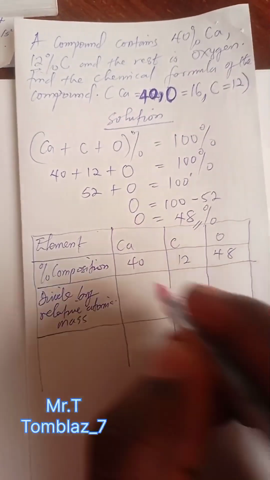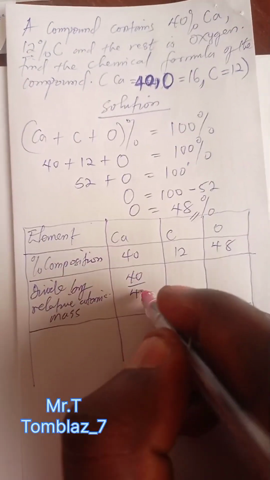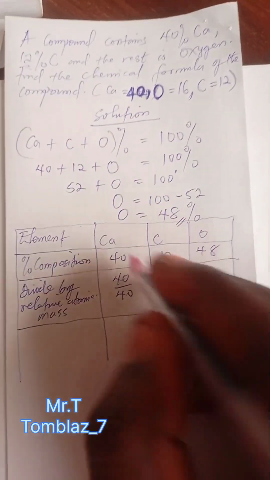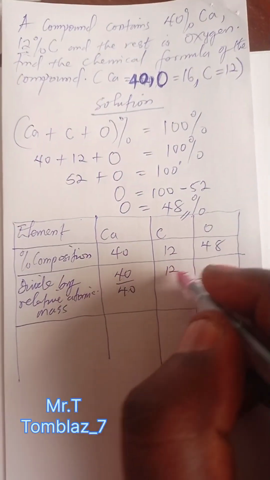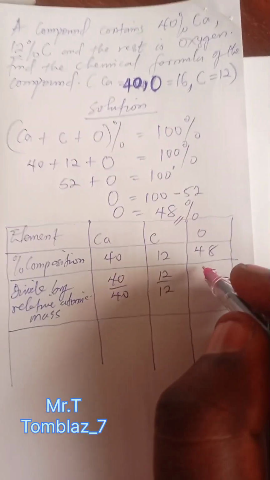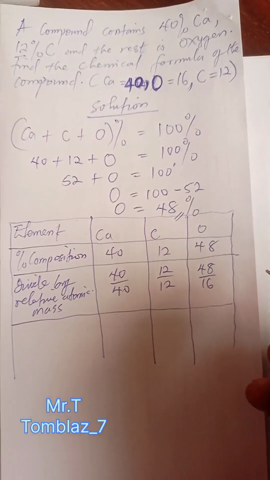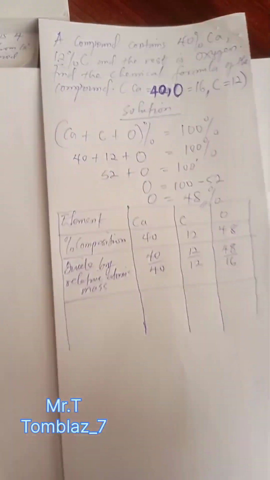Okay, so what is the relative atomic mass of carbon? So we have 40 divided by 40, for calcium, sorry, 40 divided by 40. For carbon, 12 divided by 12. For oxygen, 48 divided by 16. All right, so what are we going to be having?